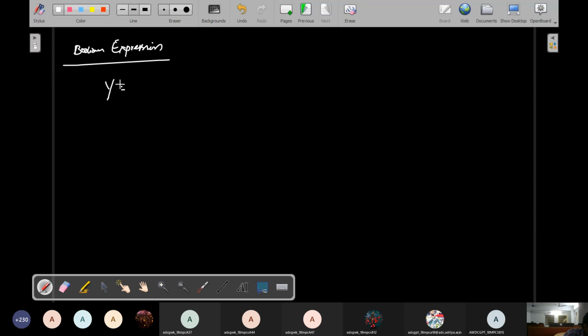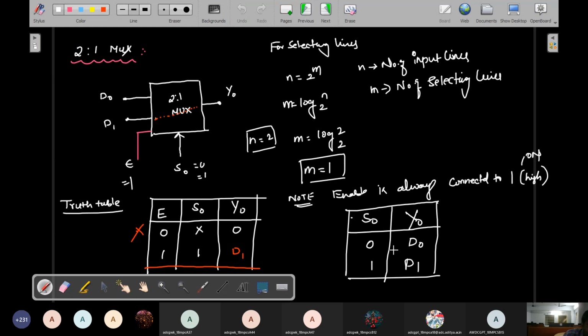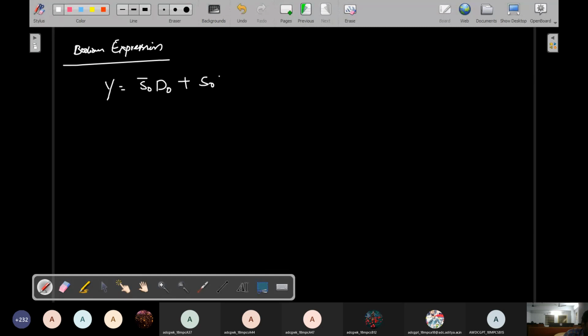Y is equal to, S being 0 in the first case, S naught bar into D naught, plus S naught into D1. I consider S naught bar because an AND gate operation is performed first, and then they are added. So 0 means the complement of S naught into D naught, plus S naught into D1. This is your final Boolean expression.